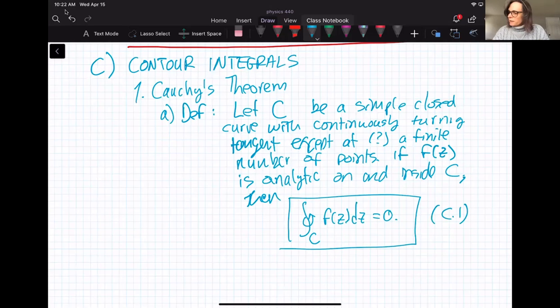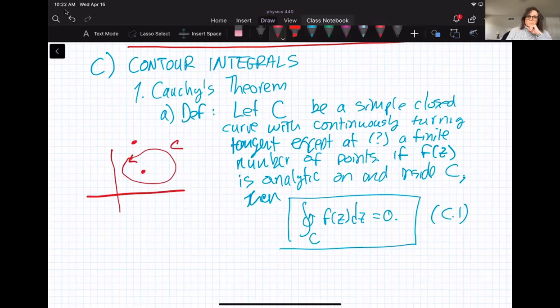So the idea here is, you have some simple contour. What we mean by simple closed curve is that you should be able to shrink it uniformly all the way to its center without overlapping.